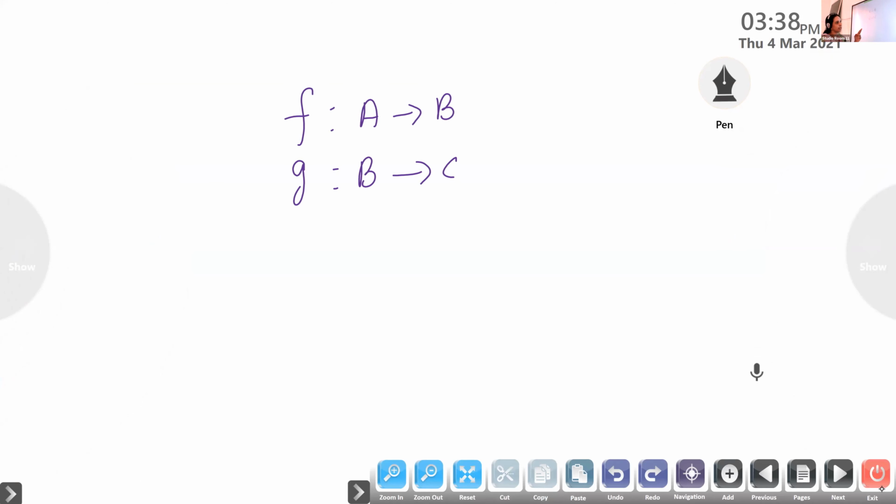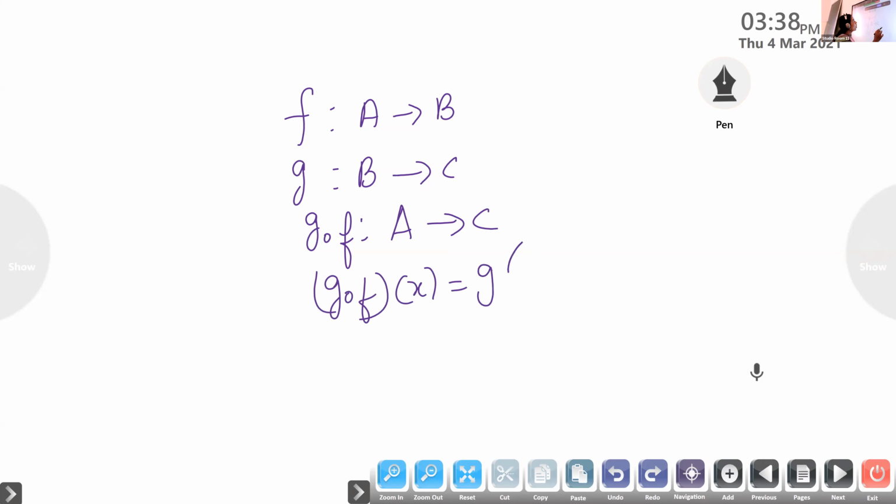It starts from B. g is a function from B to C. Then g composition f is a function from A to C, defined by g composition f of x is equal to g of f of x.